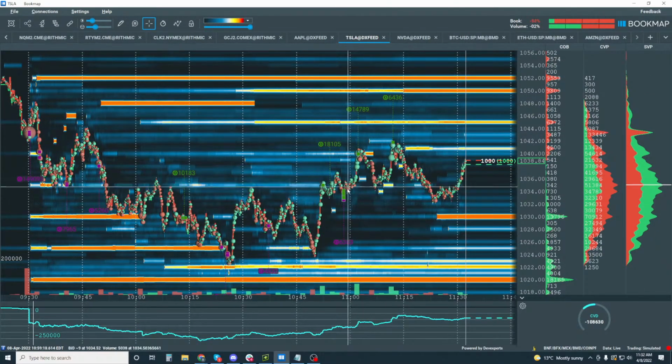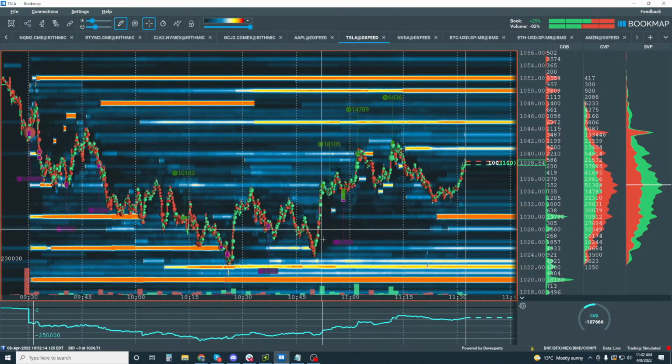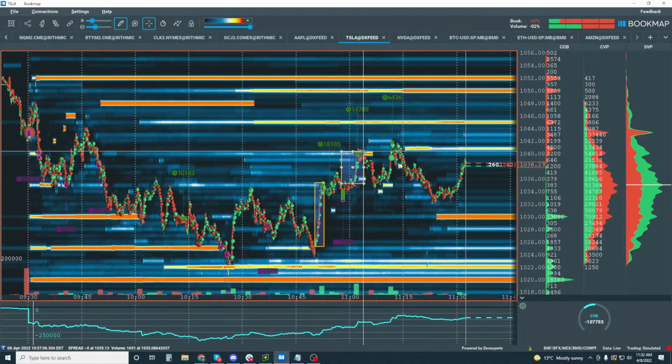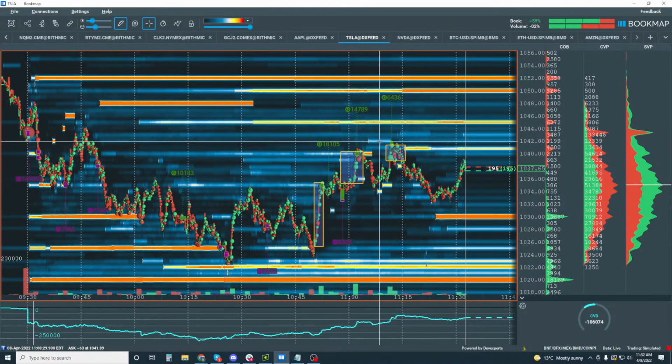Okay, so you guys can see what's happened here in Tesla. We're looking for that kind of bull flag. It played out nicely up into our 40 level. Here I really would have been looking for it to trade up into 1045, and then maybe 1050, 1052.